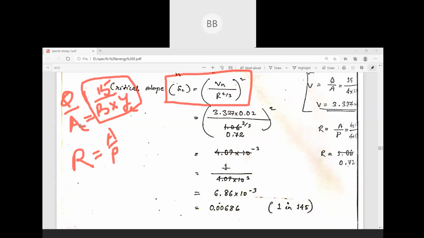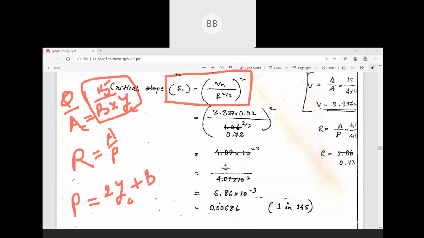Area we have already calculated, that is b multiplied by yc, and for wetted perimeter it will be twice yc plus b. Yc we have already calculated, multiplied by 2, plus b which is given as 4 meter, you will get the wetted perimeter.